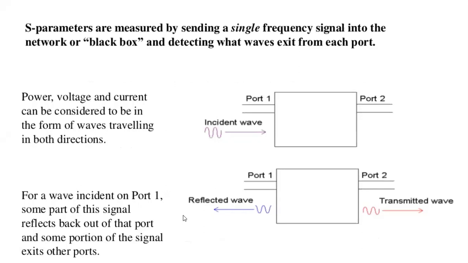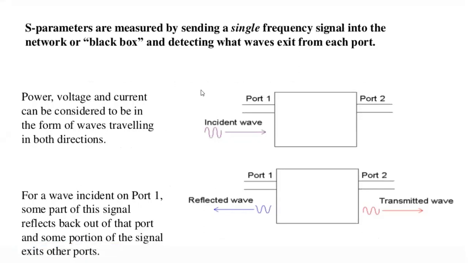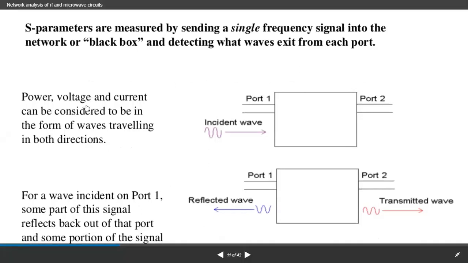Now here, this is how we represent. Scattering parameters are measured by sending a single frequency signal into a network, or what is called a black box. So you will measure power, voltage, current, which are considered to be in the form of traveling waves in both directions. In the first figure, just the incident wave is represented, which is given to port 1.